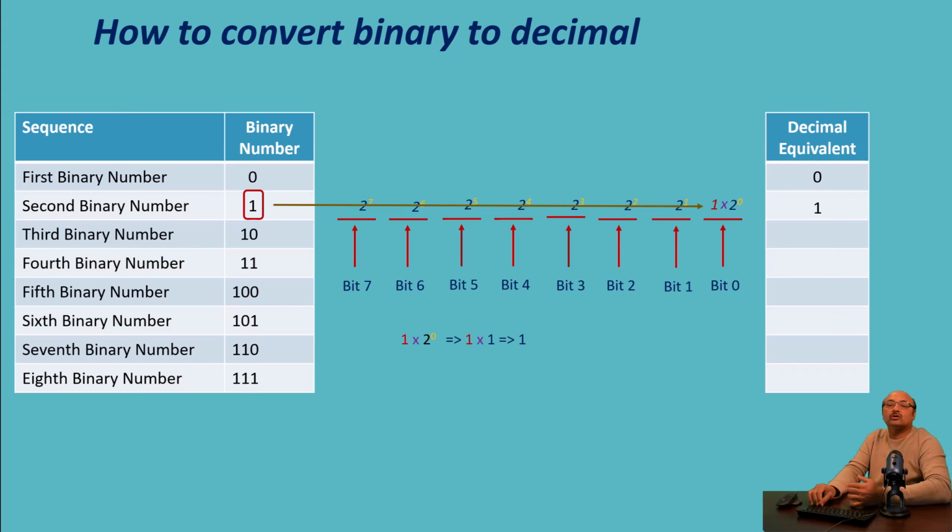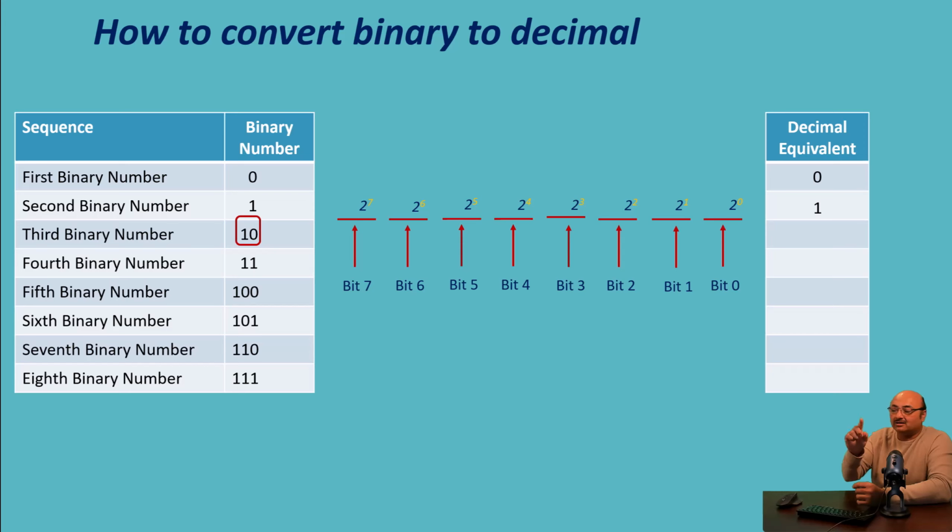Moving on to the next number, which is the third binary number, 10. Now we will put the 0 next to 2 to the power 0 and the 1 next to 2 to power 1, like this. Then we multiply them, and whatever is there we add them also. If you can see, we add a plus symbol there.